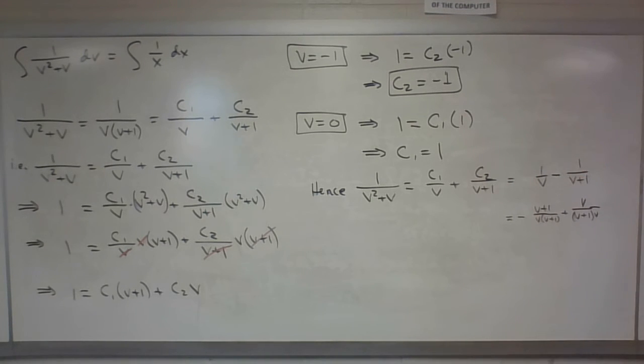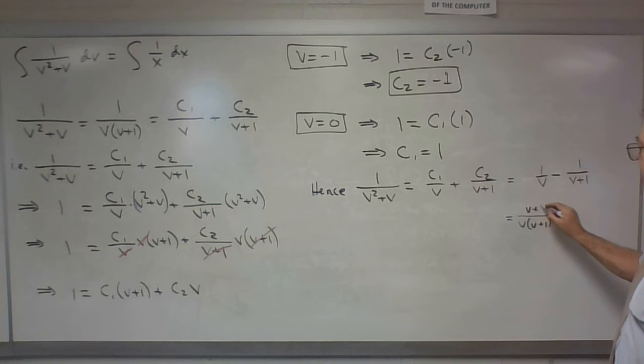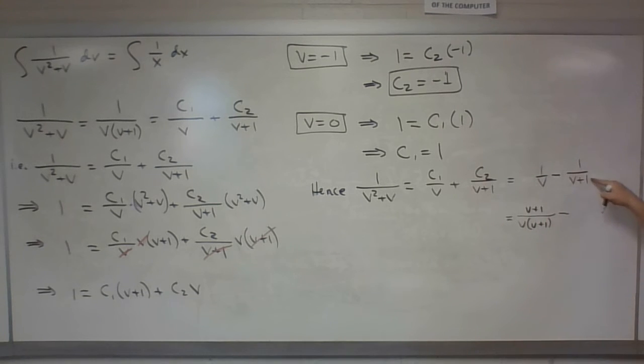Okay. Since I messed up just a minute ago, let's make sure I got it right now. Multiply top and bottom here by V plus 1. Multiply top and bottom here by V. And I have V plus 1 minus V is 1. 1 over this garbage.